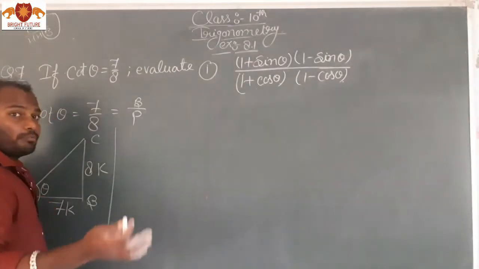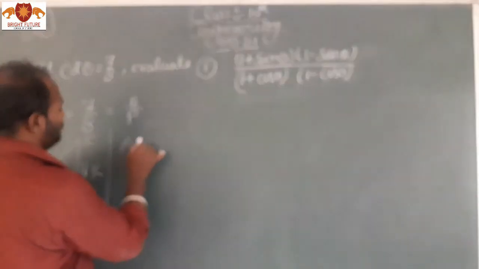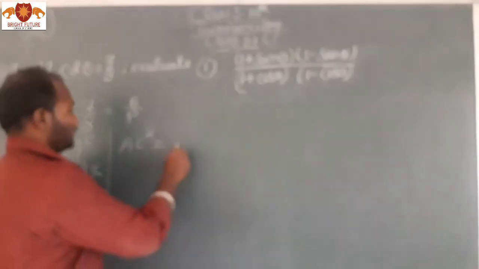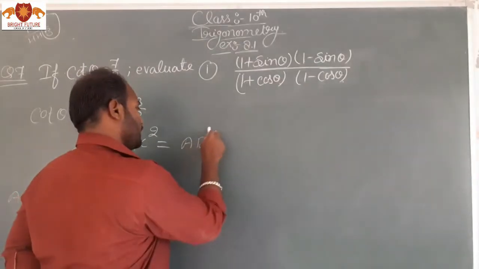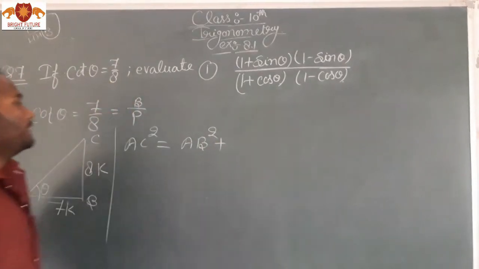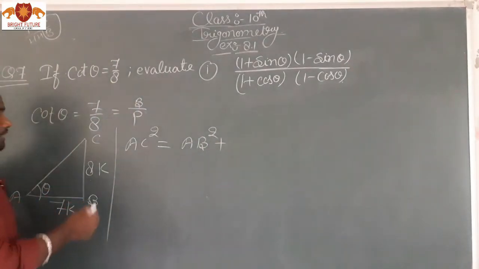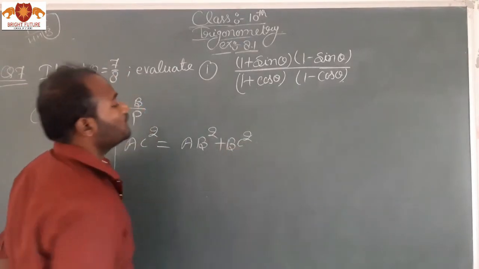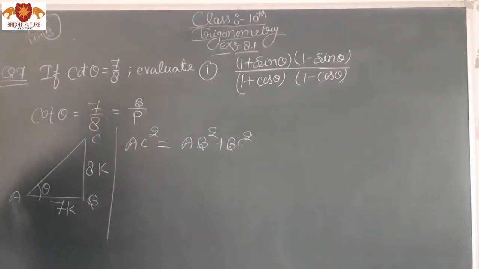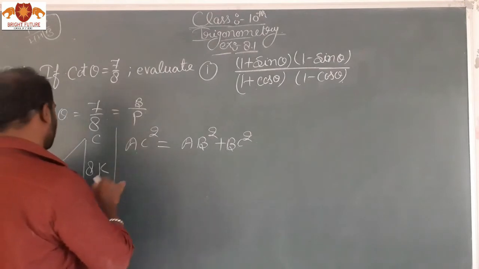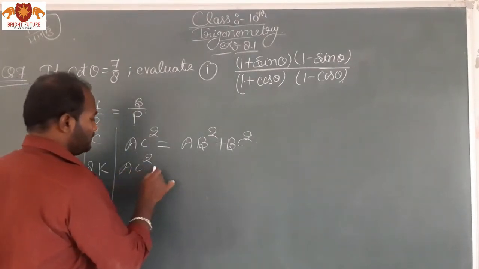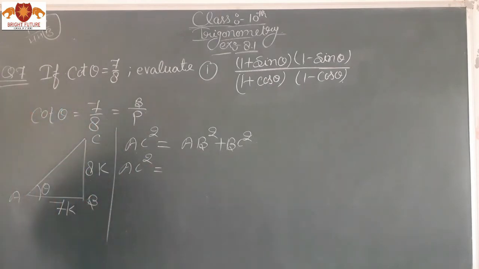You know very well what the Pythagoras theorem is: hypotenuse square, here hypotenuse is AC, equals base square, that is AB square, and perpendicular, that is BC square. Now AC square is what we are required to find.